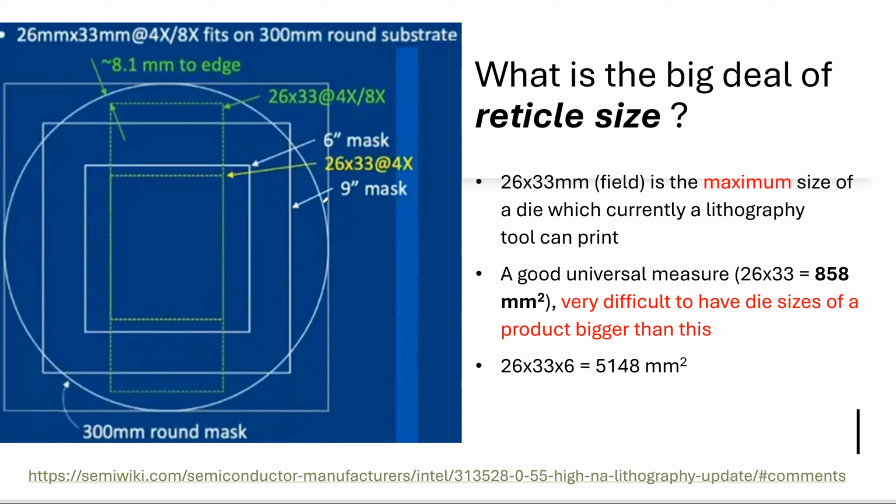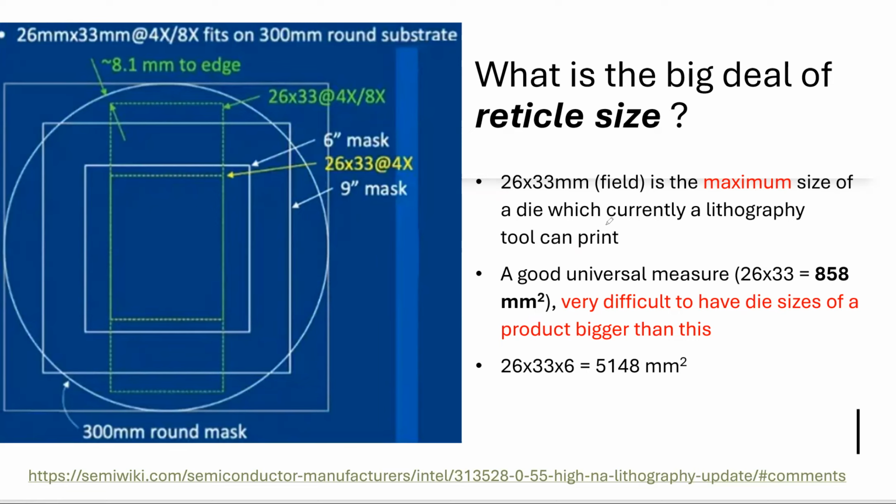And this picture is just for the high NA demo that I showed before. Currently, this is what has been done, and this is the size of the 4x AX on the mask writer. That's a different story. Please go back to what I have mentioned before, or this link.